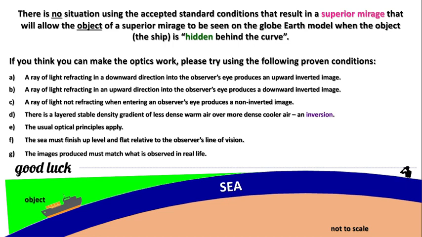D. There is a layered stable density gradient of less dense warm air over more dense cooler air, an inversion. E. The usual optical principles apply. F. The C must finish up level and flat relative to the observer's line of vision. G. The images produced must match what is observed in real life. Good luck!